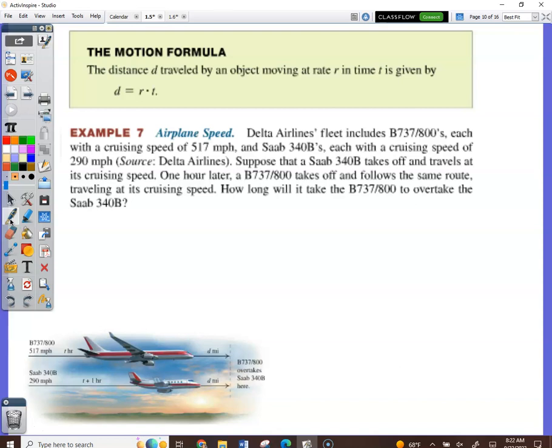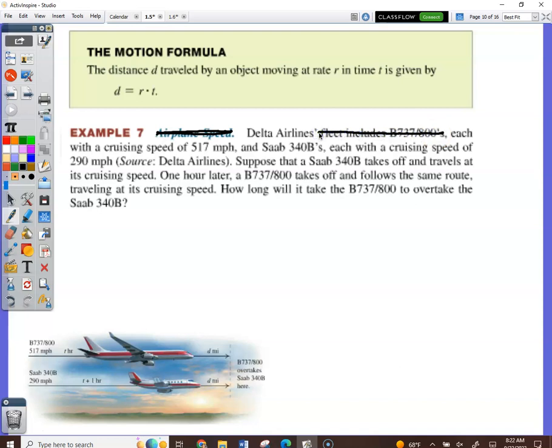Airplane speed. Do I need that? No. Delta Airlines fleet includes B737 800s. Do I need that? They're telling you the type of plane there. Is that necessary? No. They're just throwing numbers in there to try to throw you off. Delta's fleet has some planes, right?